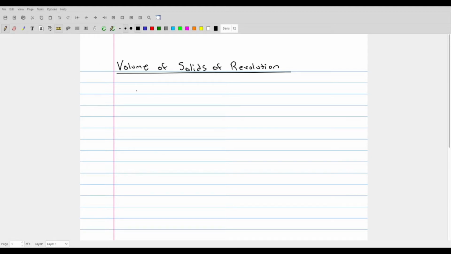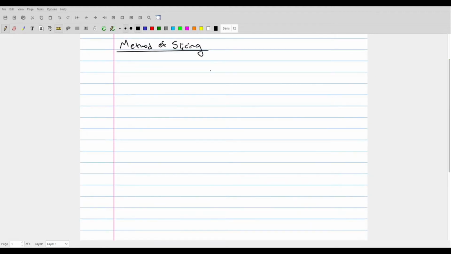So the idea here is that in general we're going to have a function, and that function is going to go from A to B. We'll just draw the sample function similar to how we've been drawing the sample function.